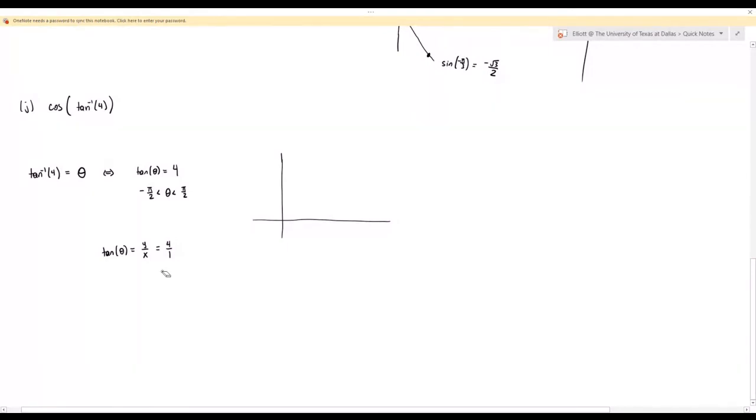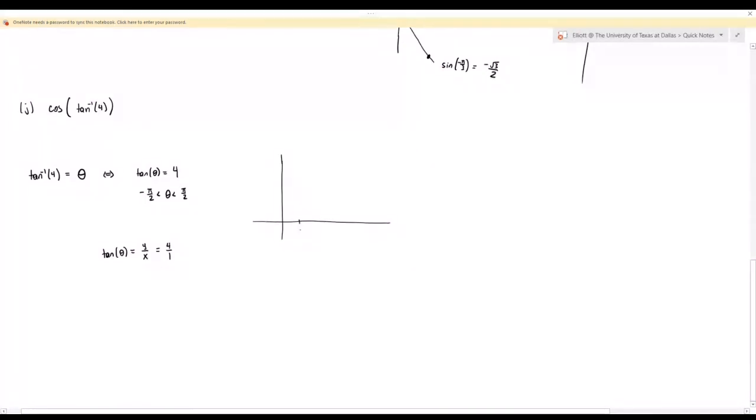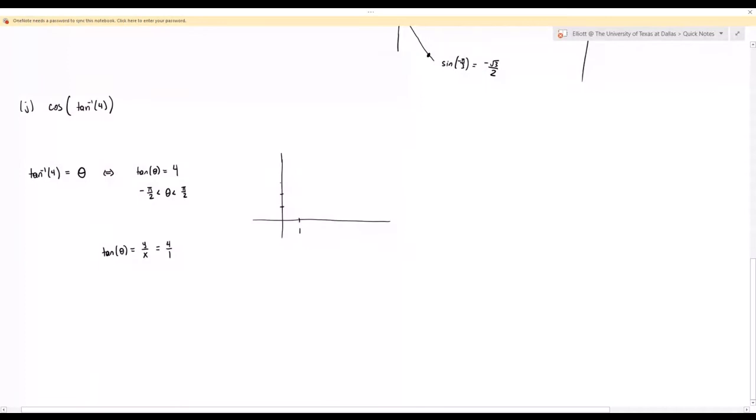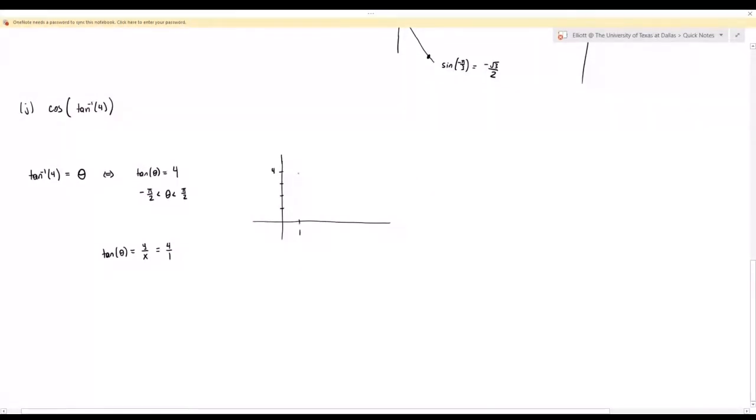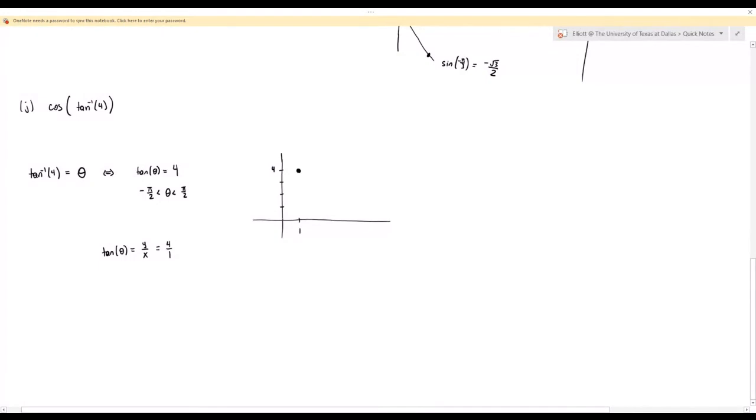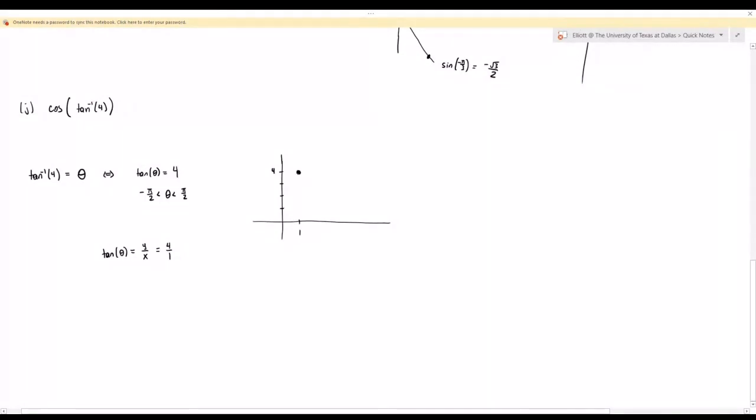So I'm going to draw a picture with the angle theta where it'll pass through this point where x is equal to 1 and y is equal to 4. So let's plot this point where x is 1, y is 4. This angle theta should look kind of like this.